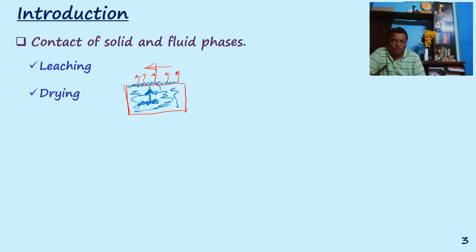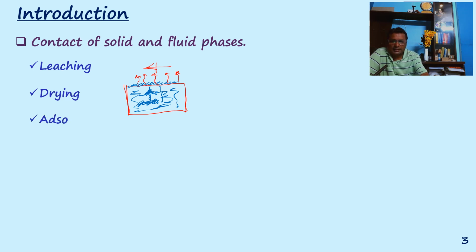So here also the moisture is diffusing through the solid, coming to the surface and getting vaporized, and those vapors will be removed by the hot gas. So point is, in drying of wet solids, there is contact of the solid phase with the gas phase, and there is some diffusion that occurs through the solid phase.